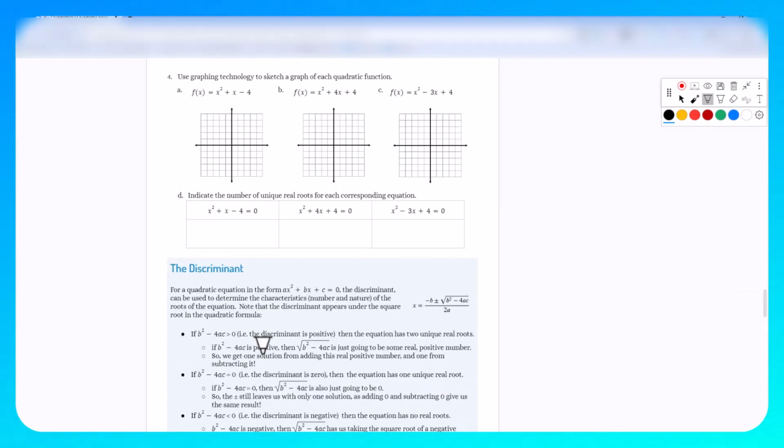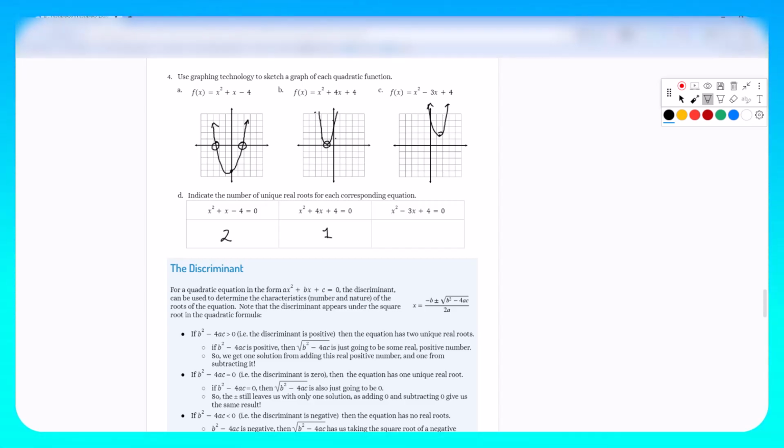So let's look at this question right here. We're going to graph using technology and sketch the graph of each equation. So we have these three graphs right here. Now looking at the graph, it's asking us to determine the number of unique real roots for the corresponding graph. Well, this one has two solutions, here and here. This one has one.